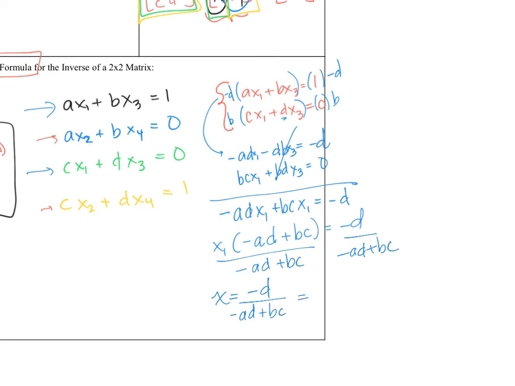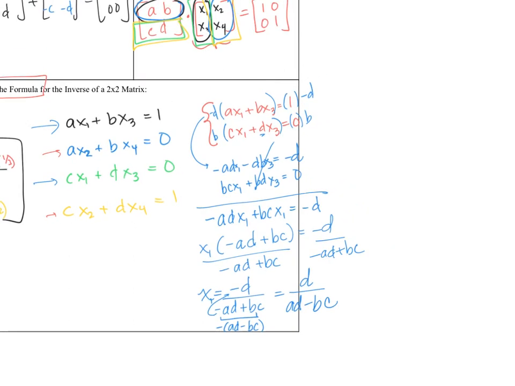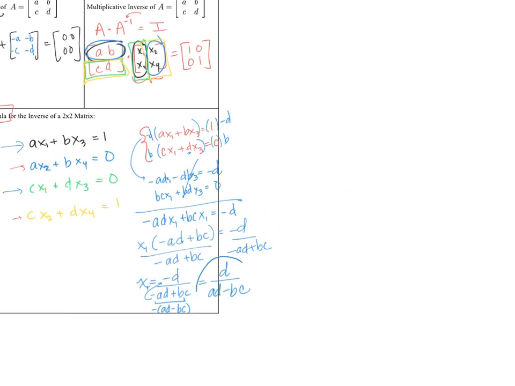Or we could rewrite this if we take that negative out. It will be D over AD minus BC. I just factored the negative out of this and reduced. So that's how the x1 is found.